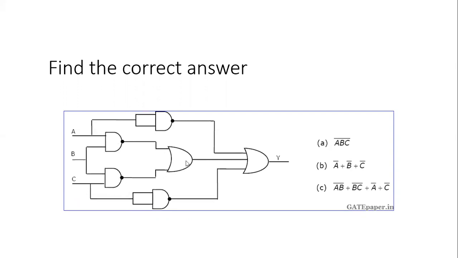That makes it AB bar plus BC bar. Now AB bar plus BC bar becomes the input for the final OR gate. So what are we left with? We are left with A bar plus C bar. Very good. What is the answer?